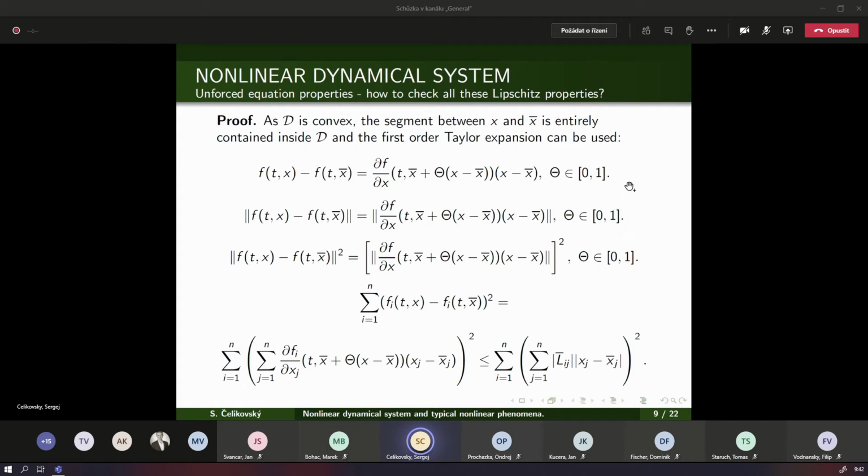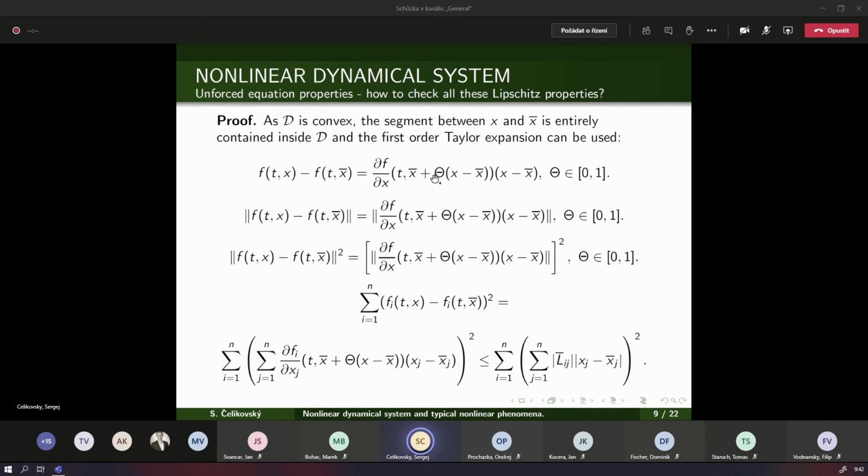So this is simply the Taylor formula, which says that the Jacobian should be evaluated somewhere in between x and x bar. So you can see here is some unknown point between x and x bar. Tau is any constant from 0 to 1. So this is the standard Taylor expansion in vector calculus, which perhaps you met in first or second year in mathematics.